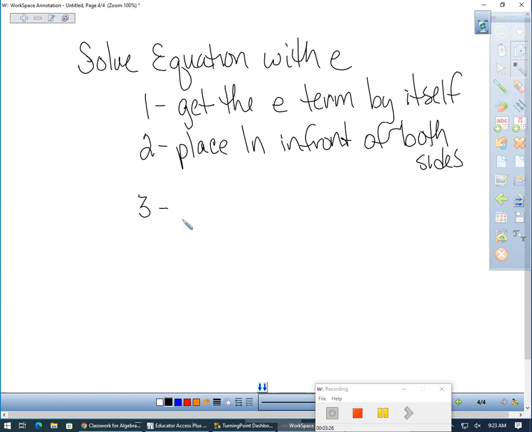Step 3, move the exponent to the coefficient.